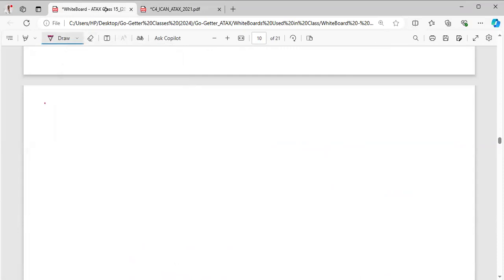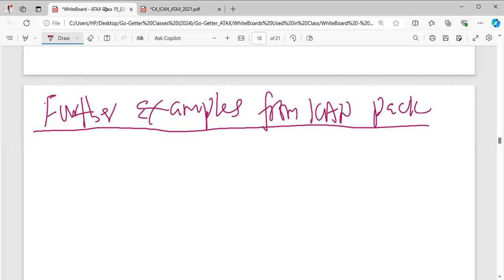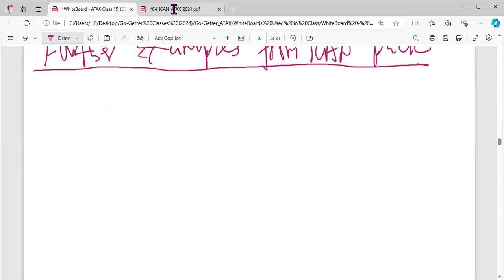Further example from I Can Pack. All right, so what's the name of the company?